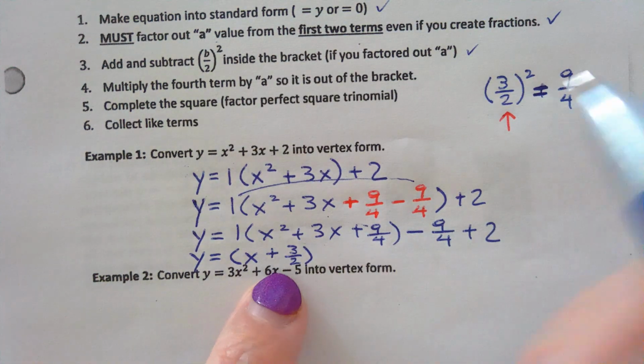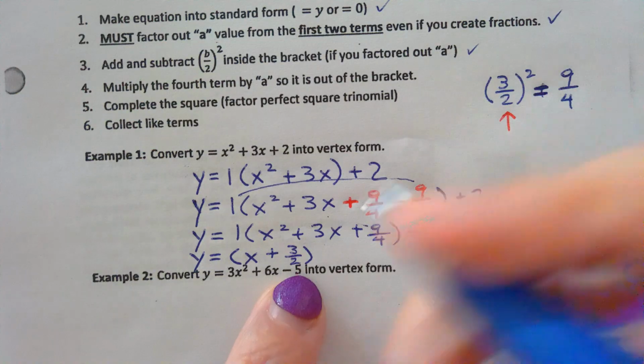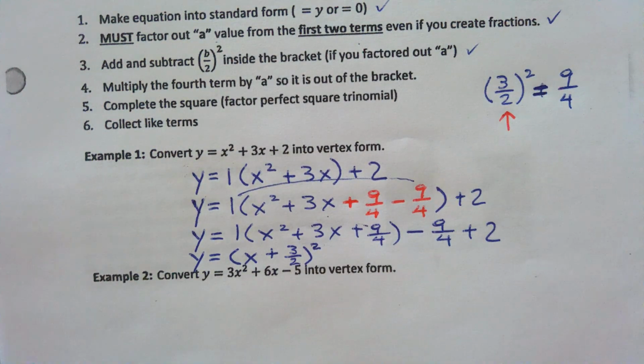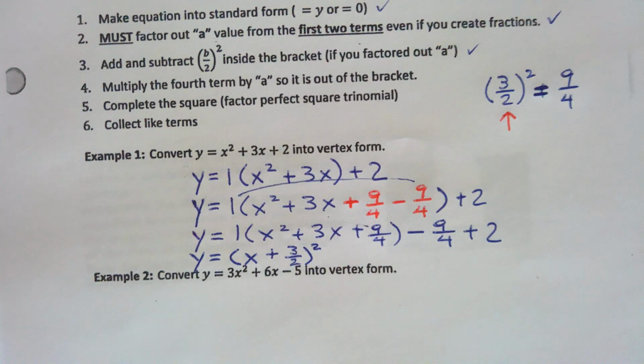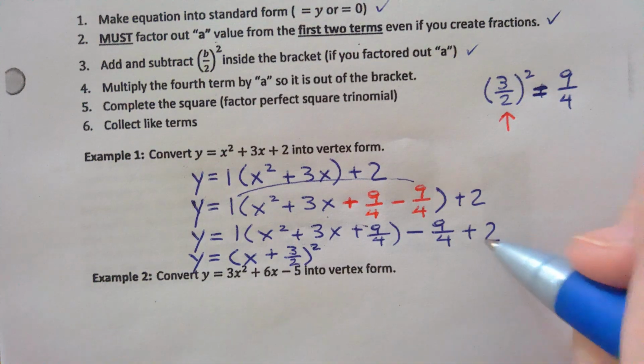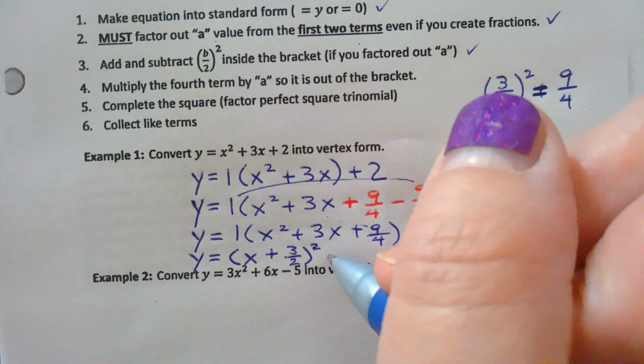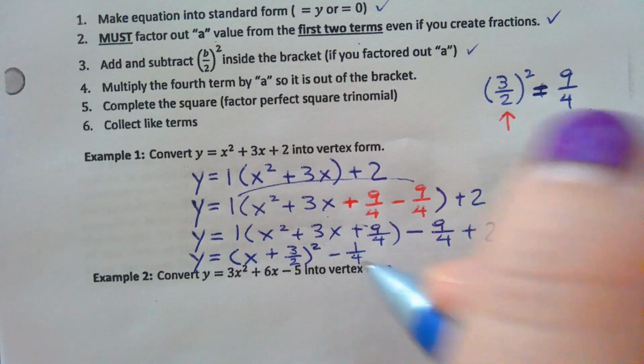It's always going to be this b over 2. And then simplify this part. Sorry, I know it's very squished. And then here, negative 9 over 4 plus 2 gives you negative 1 over 4. Yeah, negative 1 over 4.